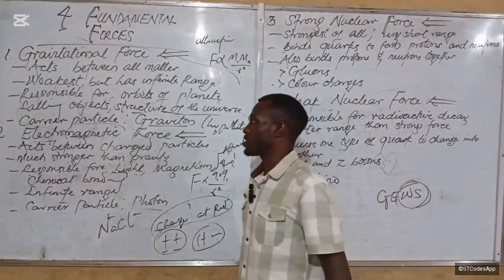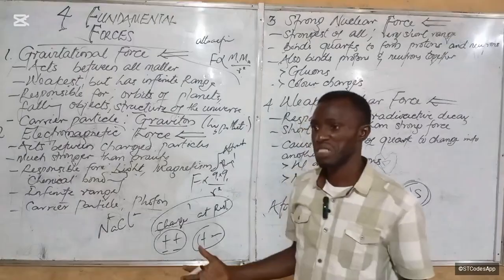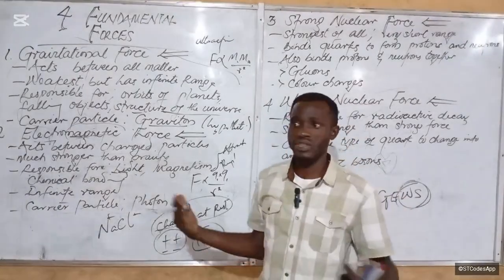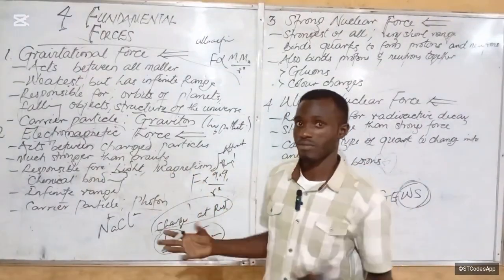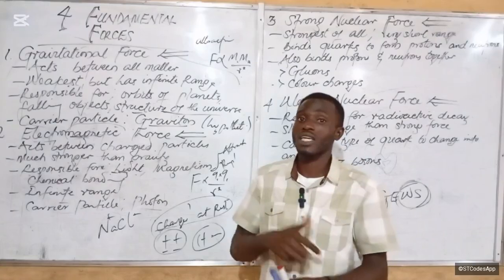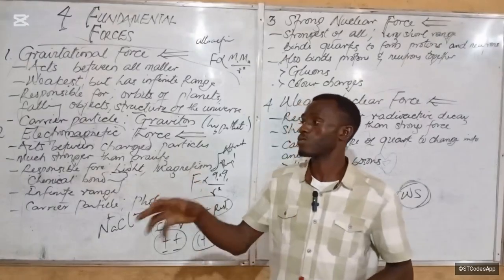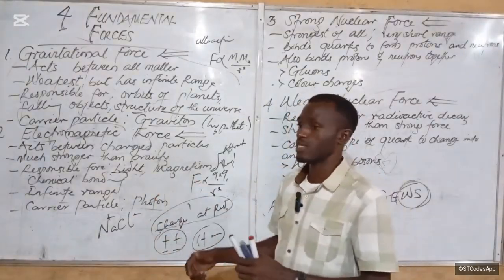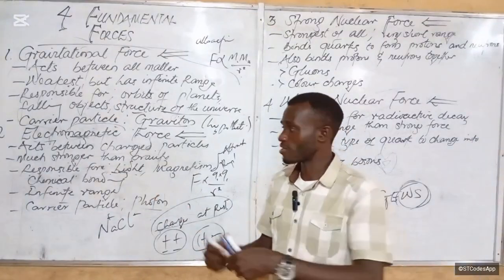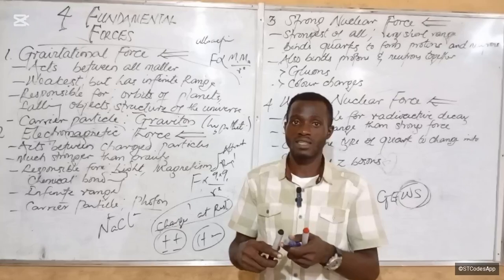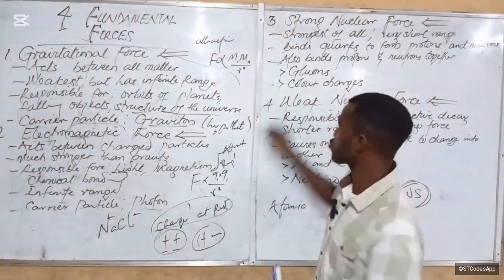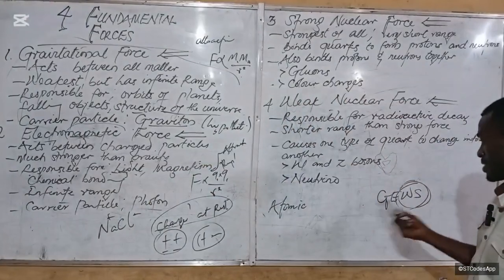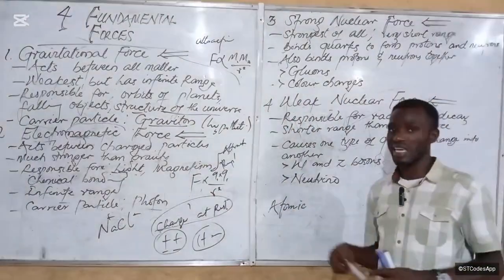Then the electromagnetic force is pretty much our everyday stuff, from our clothes sticking to our bodies, to touching the doorknob and getting shocked, to rubbing something on something and the thing becoming attracted to something else. But the strong nuclear force is acting on the atomic scale.